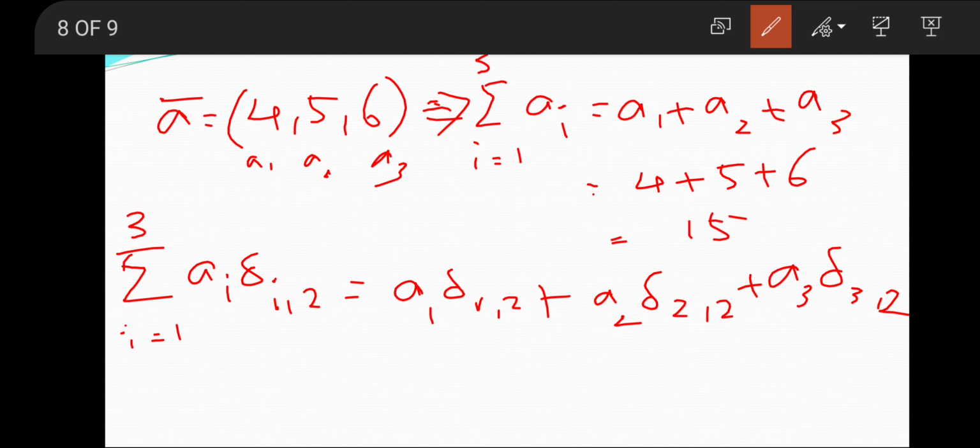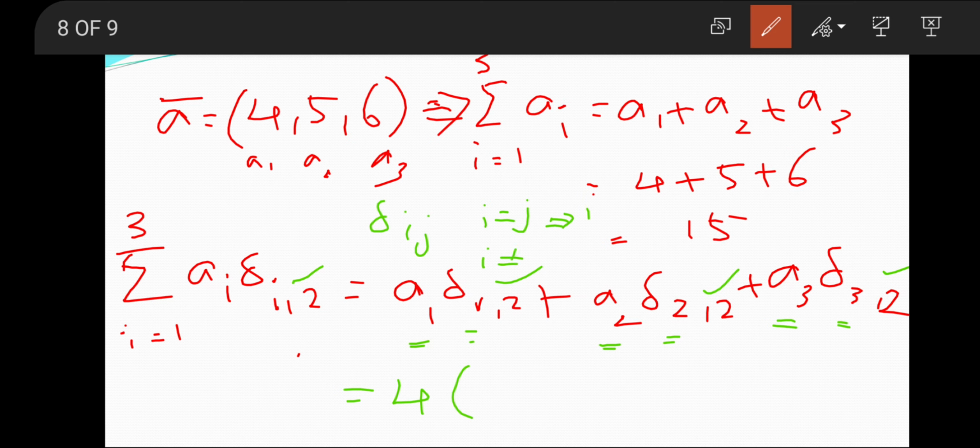Therefore, the i values were changed up to 1, 2, 3, and this i value we are changing continuously, and the j value is kept constant. Now if we substitute, we all know the a1 value is 4. Let's substitute a1 value 4; since it is delta i comma j, if i equal to j, it becomes 1.